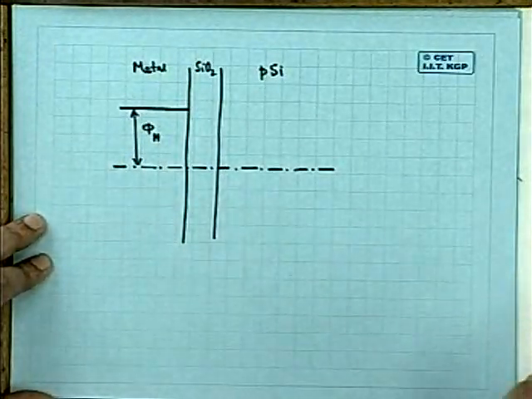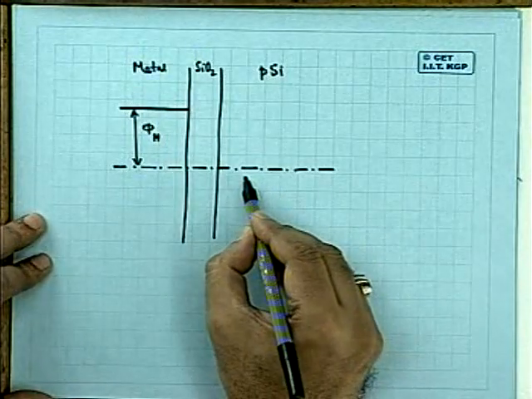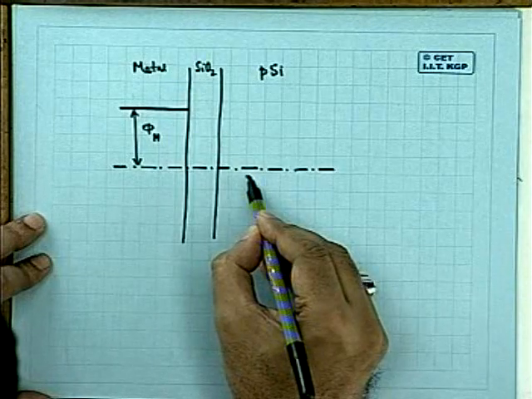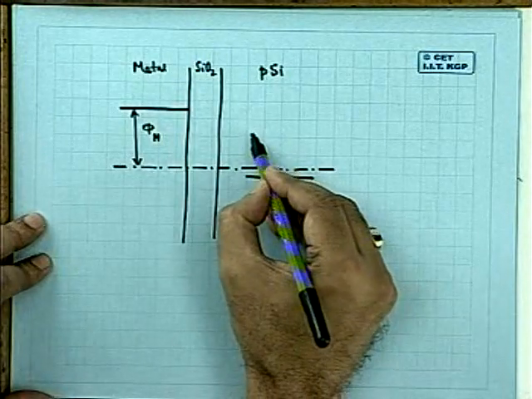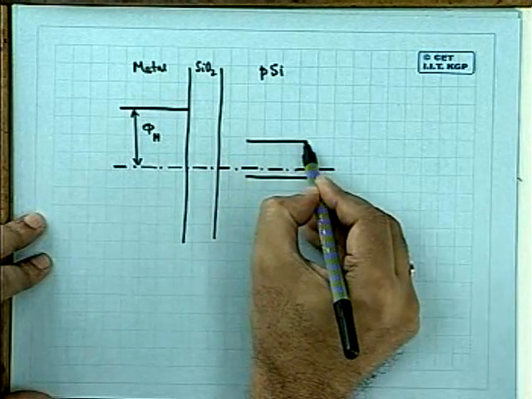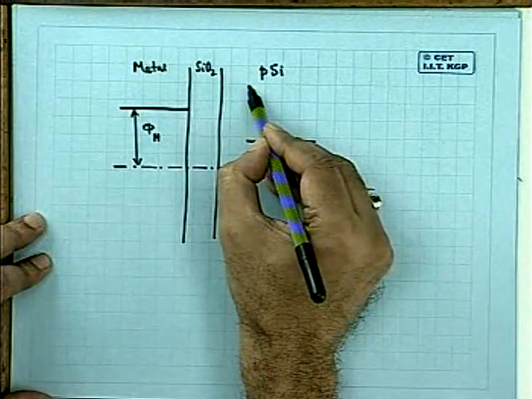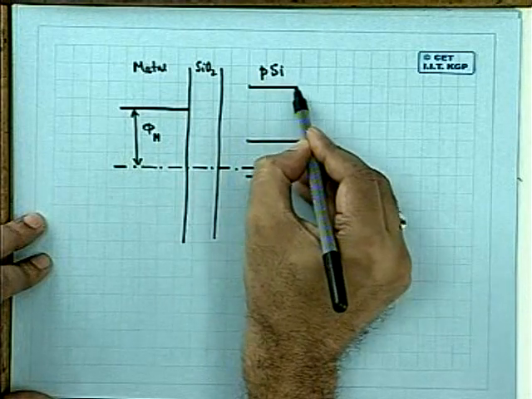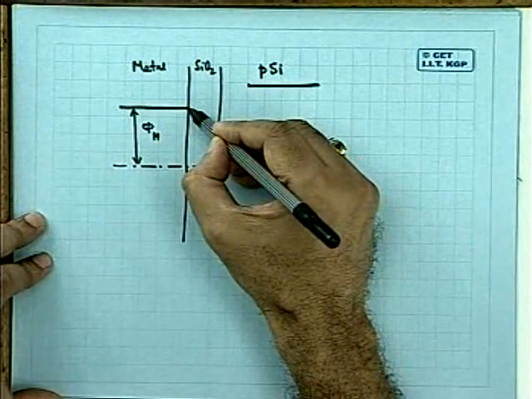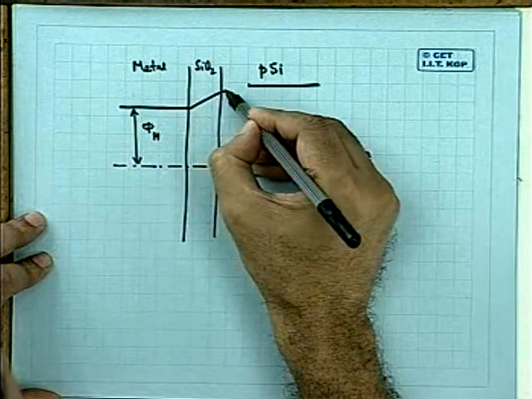On the semiconductor side, what will happen? Again, because it is p-type, the situation will be like this. And somewhere here, your vacuum level. And the vacuum level will adjust itself something like this.